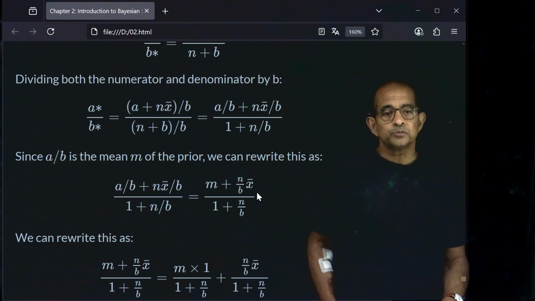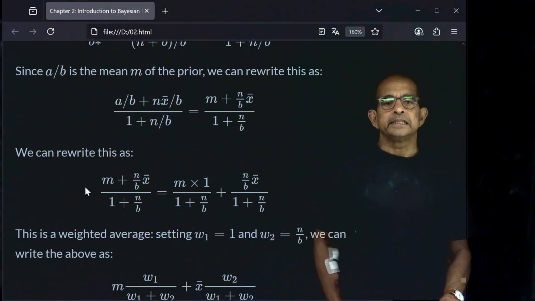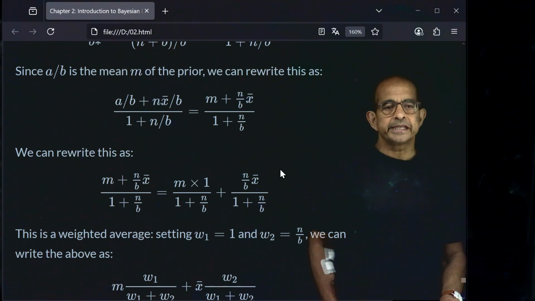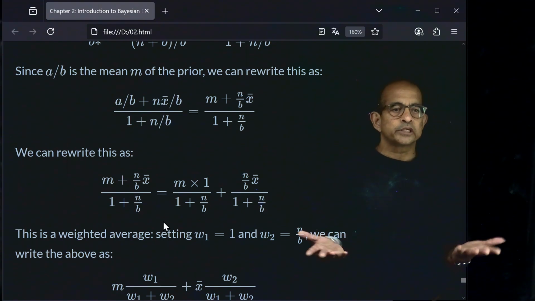And we'll see this more easily if we separate out the numerators as separate fractions. So that's what I've done here. I take this entire expression and break it up so that I have m in the numerator here and x bar in the numerator here. Once I do that, what you'll notice is that we are looking at a weighted sum.